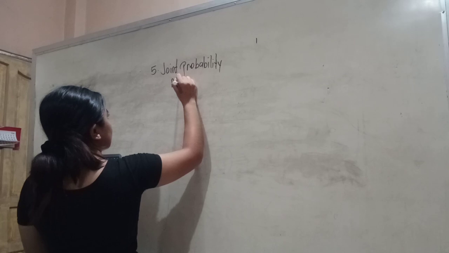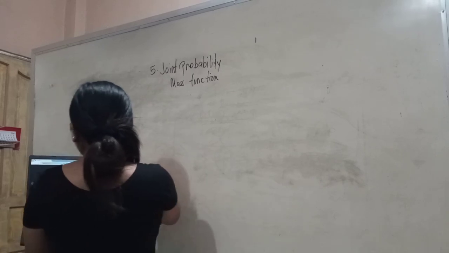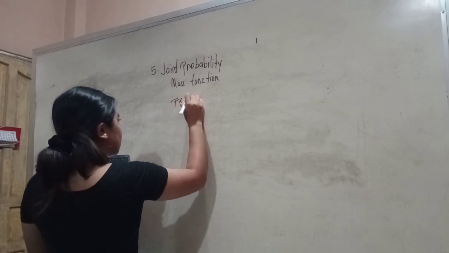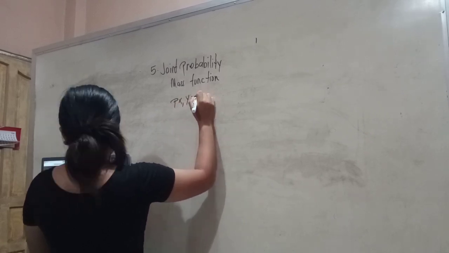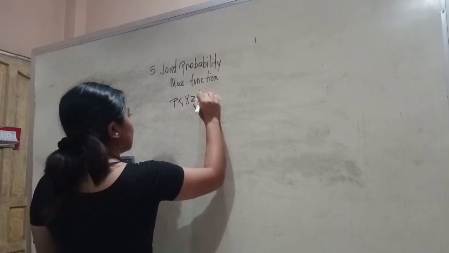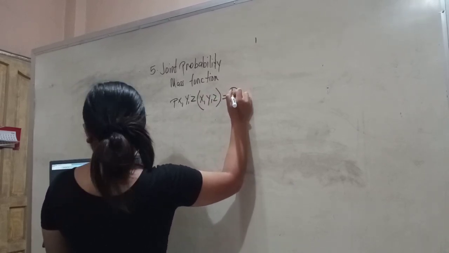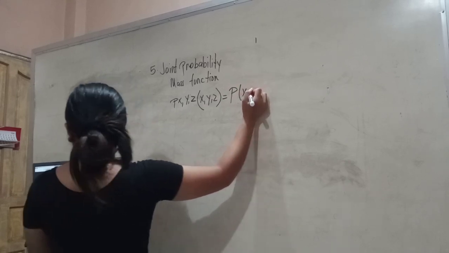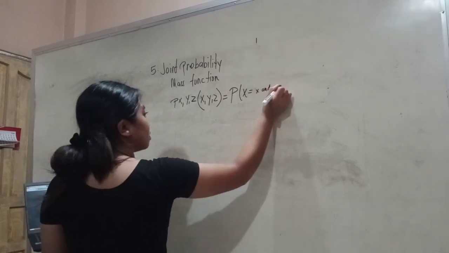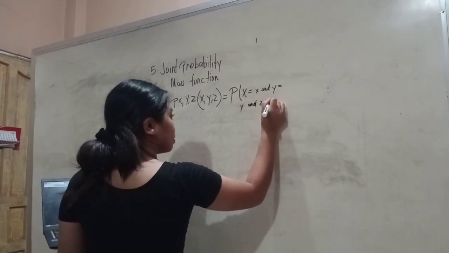Number 5 is the joint probability mass function. P of X, Y, and Z, at x, y, and z, is equal to the probability of X equals x and Y equals y and Z equals z.